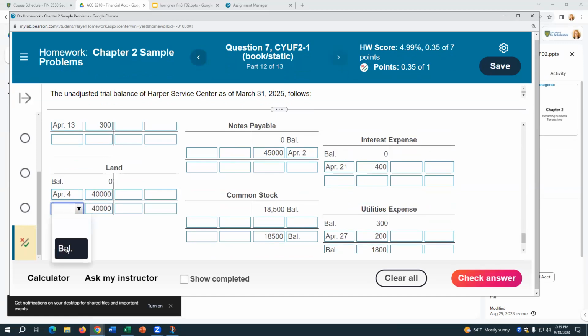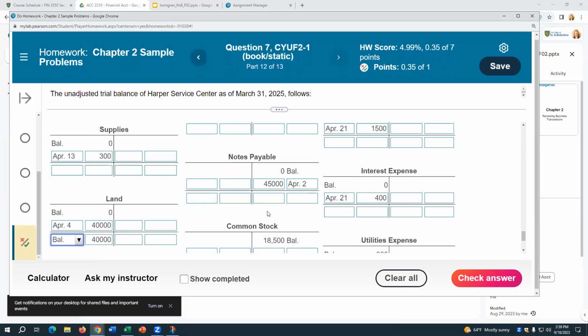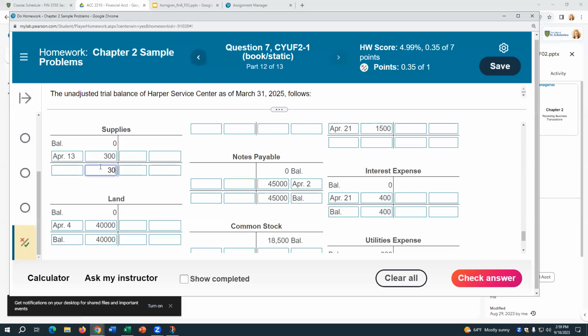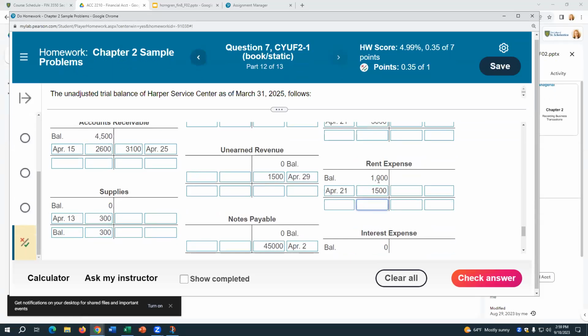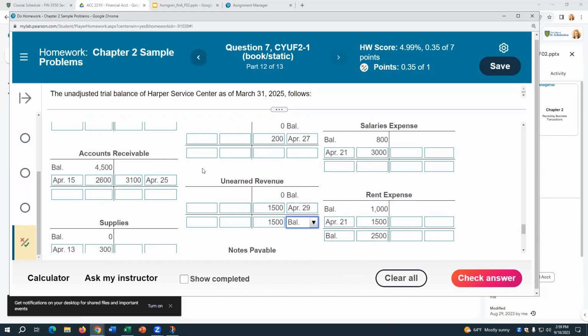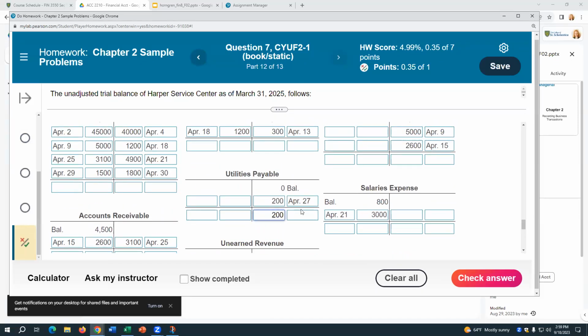So if there are no transactions, then whatever the beginning balance was would carry through. If there's just one transaction and it started out with a 0 balance, then you can just pull that down. This one here had a starting balance and it had a transaction, so for rent, I would add those together. And then I'm going to pause on the ones that have more than one line until I get everything else.